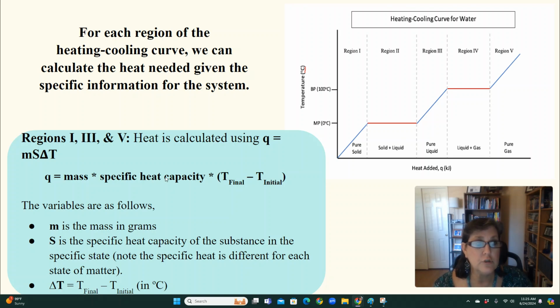The units are joules per gram degree Celsius. And delta T is the temperature change. It is always final minus initial. And it needs to be in degrees Celsius because specific heat is in degrees Celsius. So we're going to use the equation Q equals ms delta T and solve some problems now.